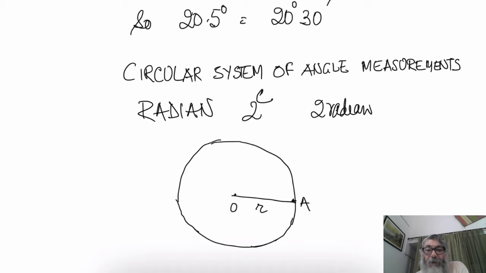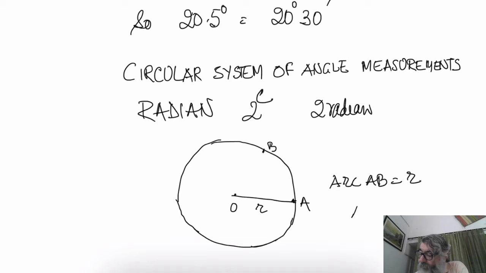Now what I do is, with the same measurement, that is r, we make an arc of the same length. Arc AB, I will write like this. Arc AB is equal to r.